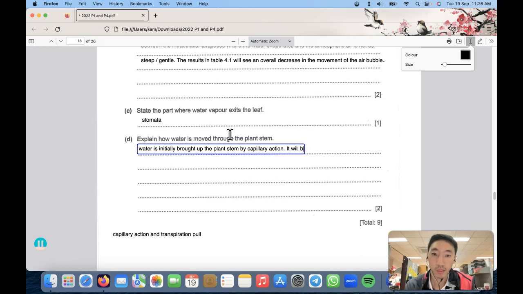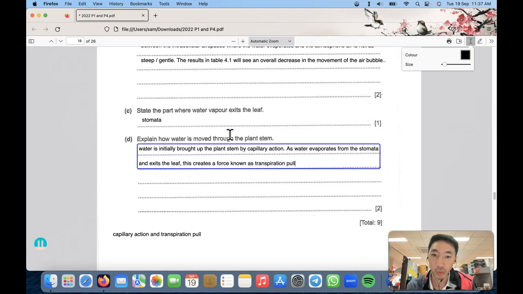Then, as water evaporates from the stomata and exits the leaf, this creates a force known as transpiration pull.